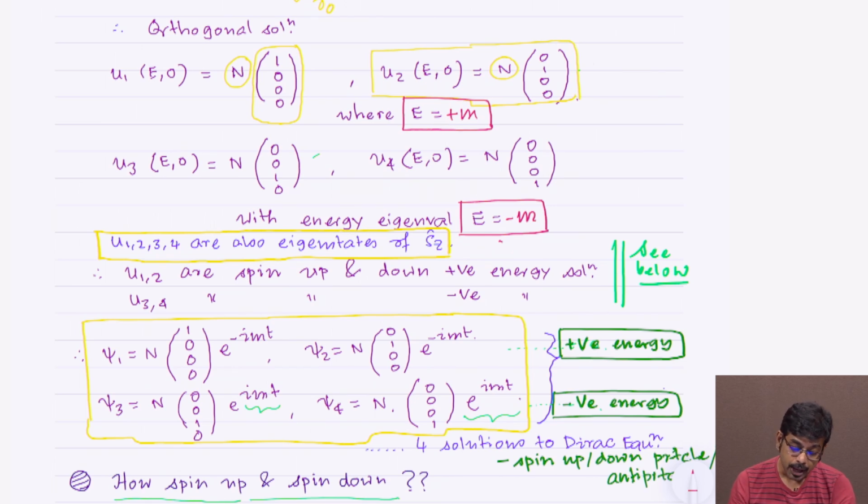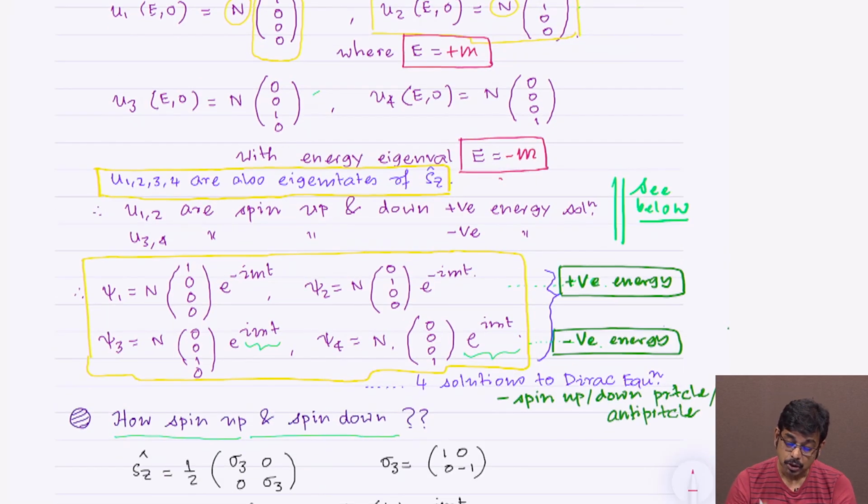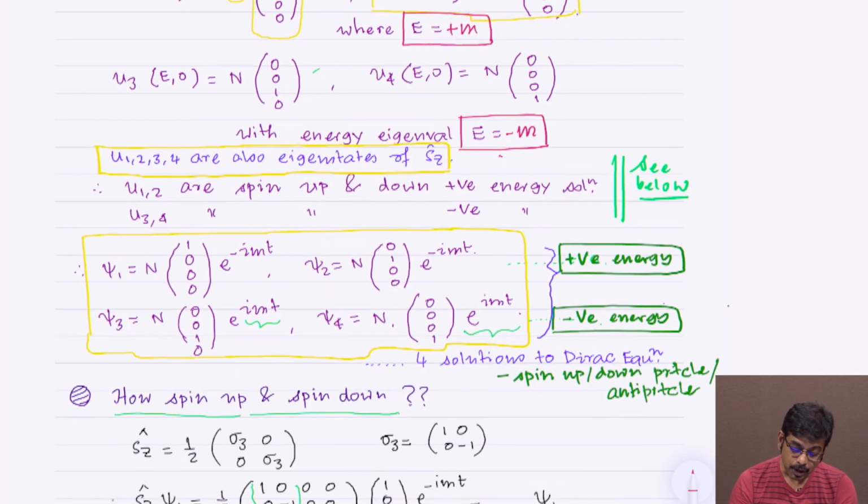Therefore, there are 4 different possible spinorial solutions that we can have. 2 of them give me E equal to plus m, that means positive energy solutions, and 2 of them give me negative energy solutions, and those are essentially antiparticle solutions, correct. So psi 1, psi 2, psi 3 and psi 4 we can choose in 4 different ways.